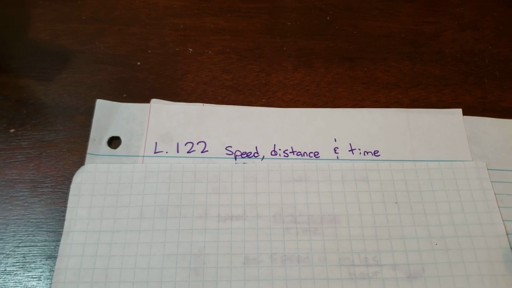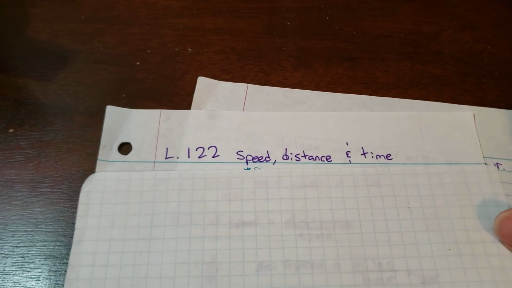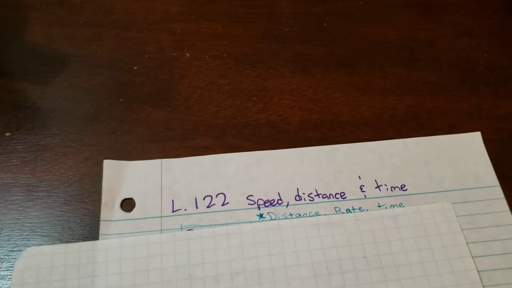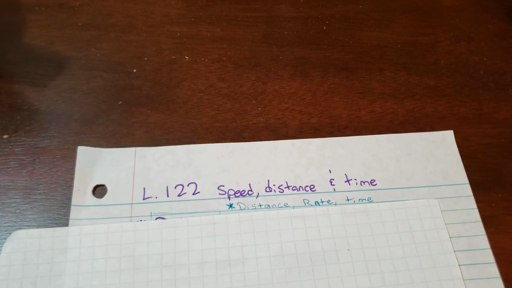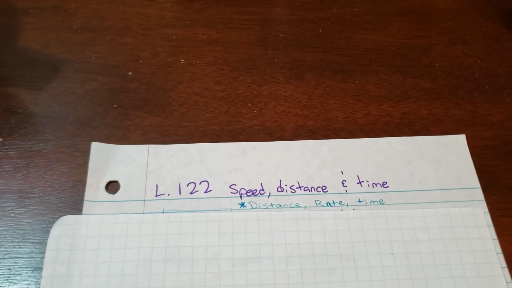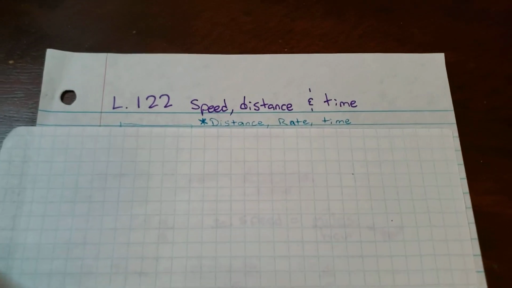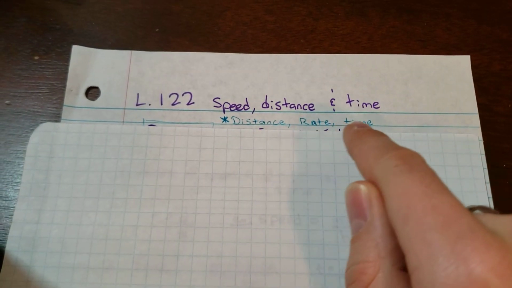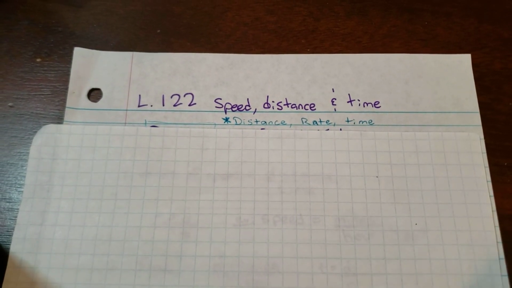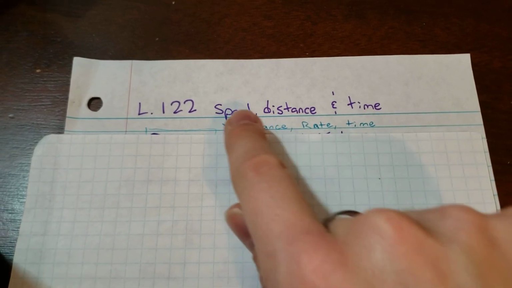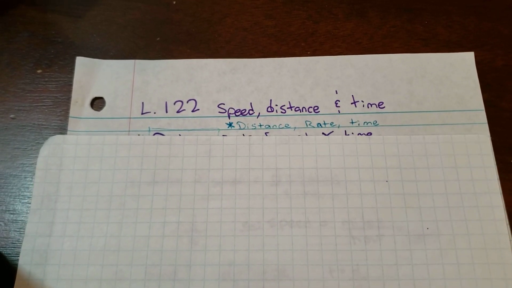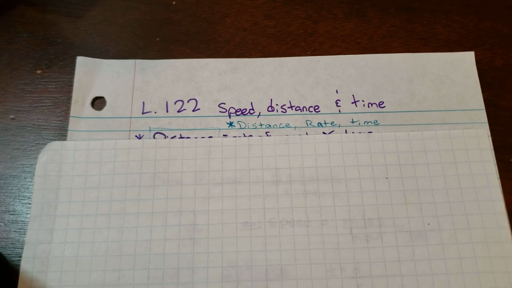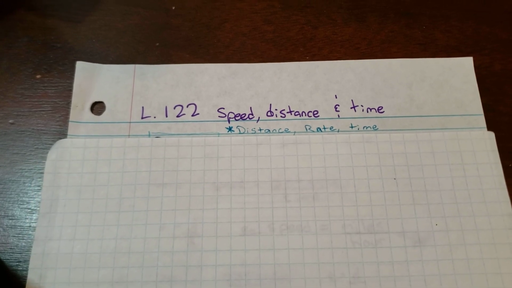It's super common, and it's called in the book Speed, Distance, and Time. But typically you see this as distance, rate, and time. That's where we're going to see it. I'm not going to call it speed, I'm going to call it rate. That's just the way it goes, and you'll see why.